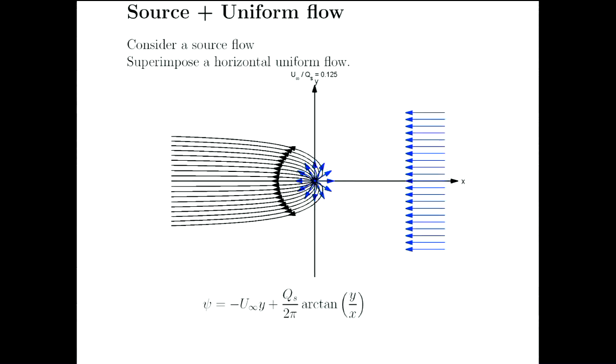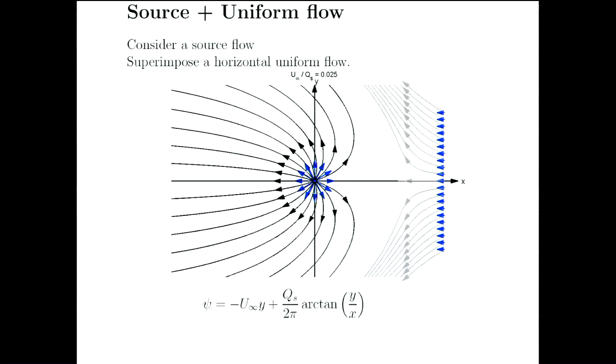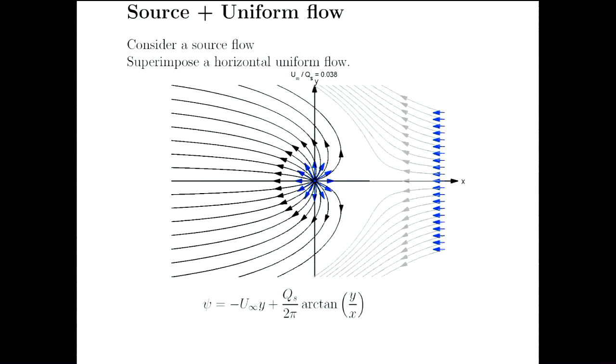Right, so if I look at the streamlines of the uniform flow, you can see that they are also affected by the source, right? And you can see that the uniform flow goes around it. Okay, and again, I'm just increasing the ratio u infinity over Qs.